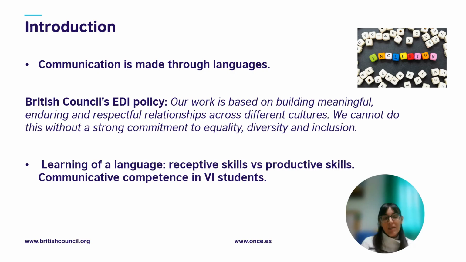So the problem here is that it is often discussed whether an impaired student is able to achieve that foreign language. We are going to focus here on visually impaired learners, but this thought is normally spread in the idea of impaired people not being able to achieve other abilities as the rest of the people.